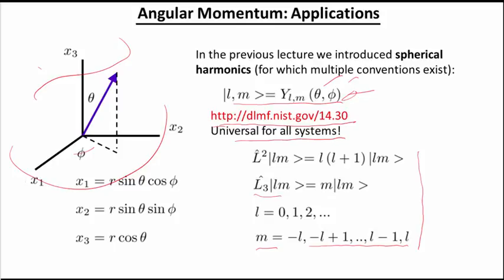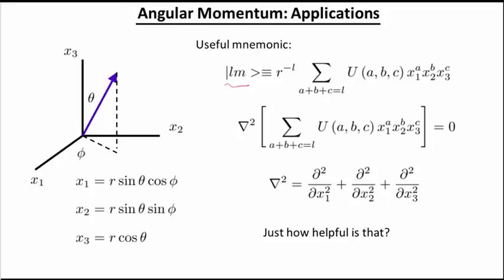Now, if you just open a book and look at expressions for spherical harmonics, they can tend to be a little bit confusing. So I'm going to give you a useful mnemonic for thinking about them. Basically, you can always think of a spherical harmonic in terms of a generalized polynomial.